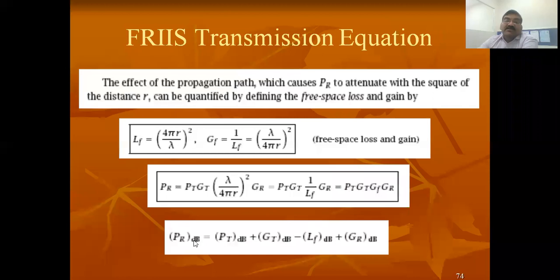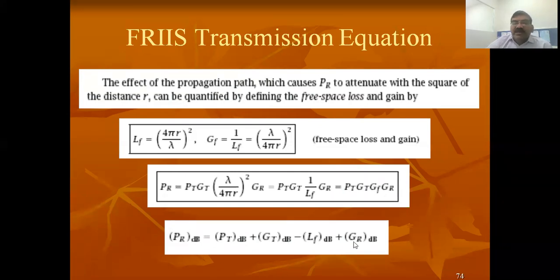And in terms of dB, if you want to rearrange: PT in dB, GT in dB, and the free space term. Instead of gain, we put a loss. Whatever the loss, it should be subtracted; if it is gain, you can add. Then GR in dB. The free space gain becomes negative in dB, or the loss is subtracted.